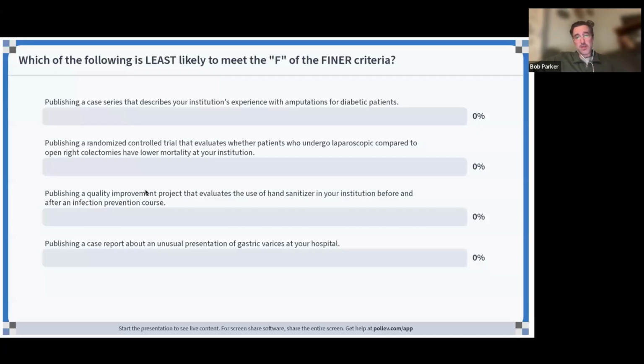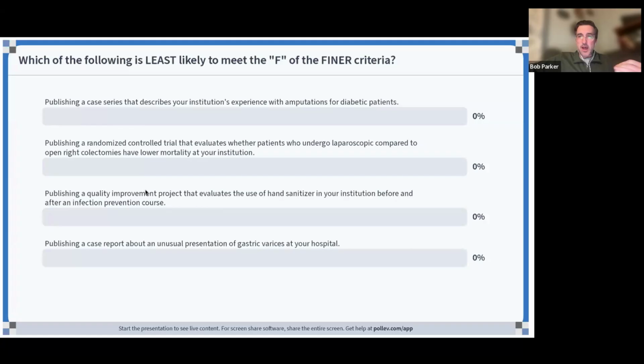You may never have a case of gastric varices. You might have never even heard of it. Again, not feasible. But I think the least feasible option is publishing a randomized controlled trial that evaluates patients who undergo laparoscopic compared to open right colectomies at your institution.